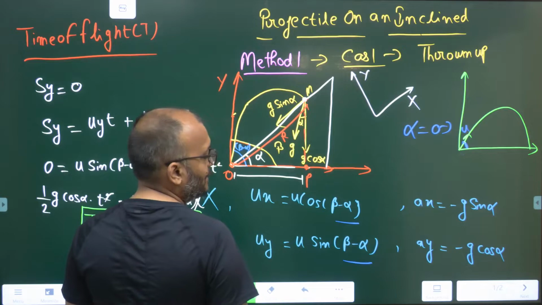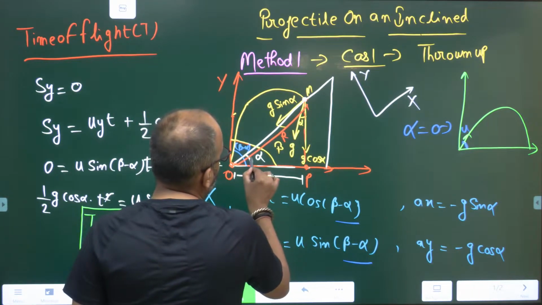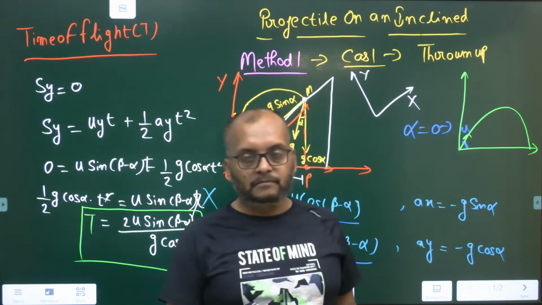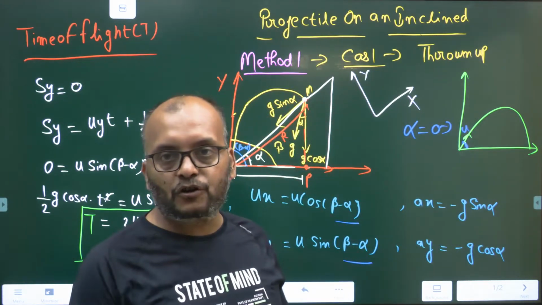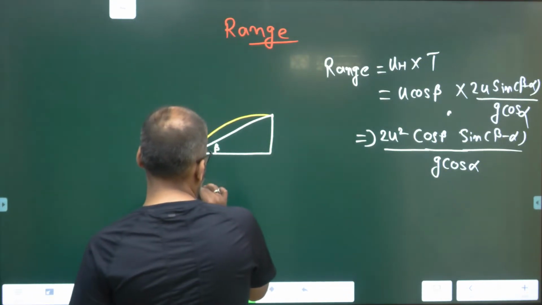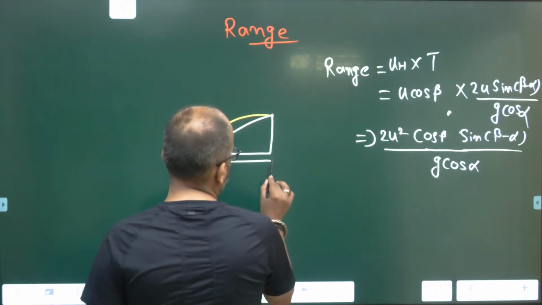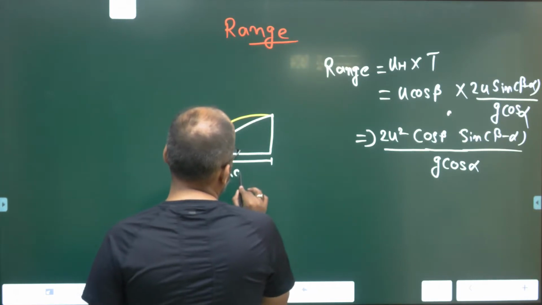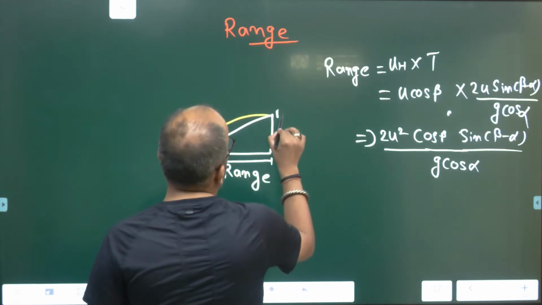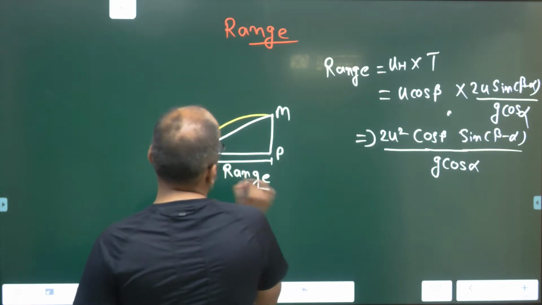And if I am taking the horizontal distance, then I have no use of the angle of inclination of the incline. I am calculating the horizontal distance. This distance is range. OMP. This is range.